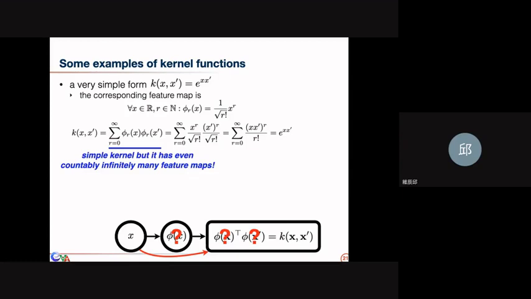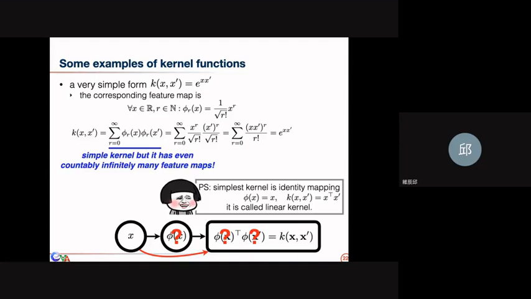You don't even need to know how to compute the feature. Once you know there is a kernel and this kernel is related to a certain feature representation, that is already good enough. And here is an additional note: the simplest kernel is the identity mapping.